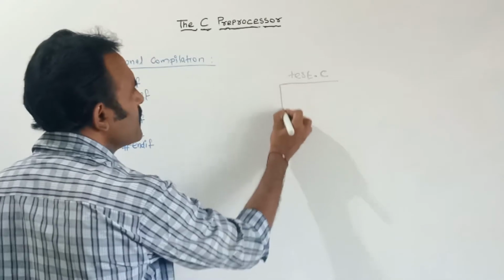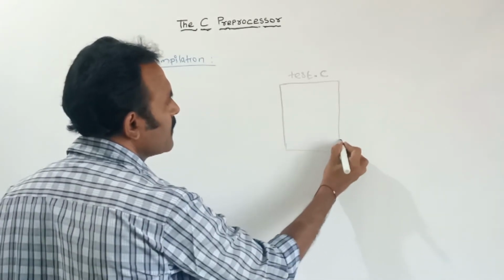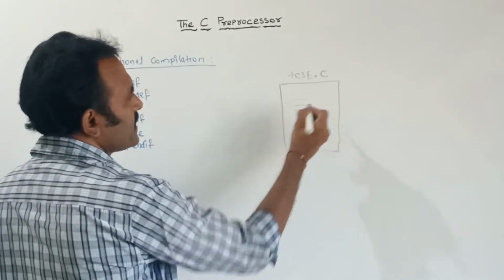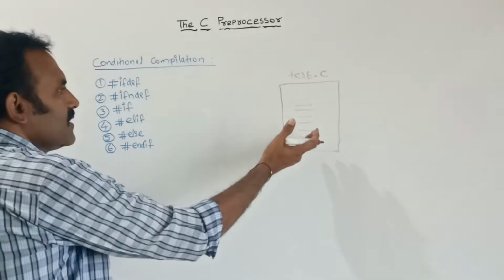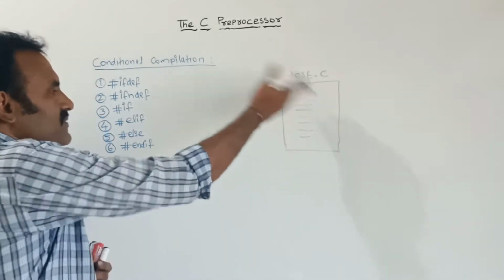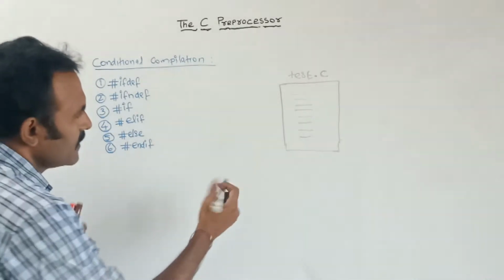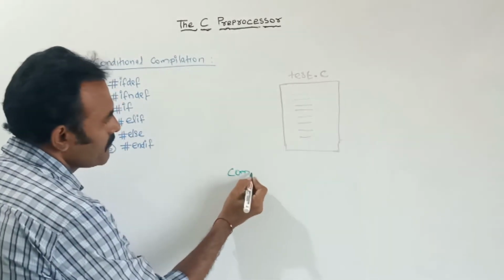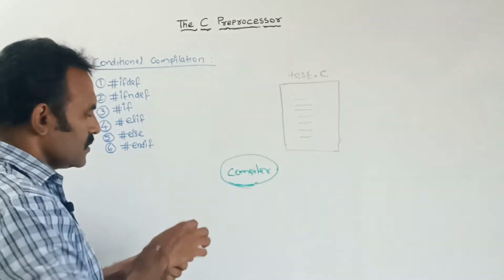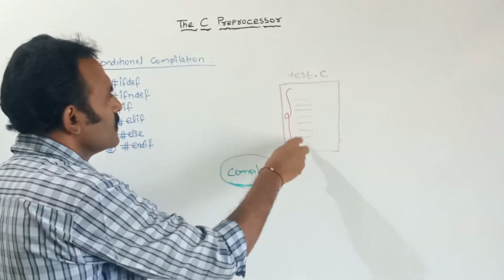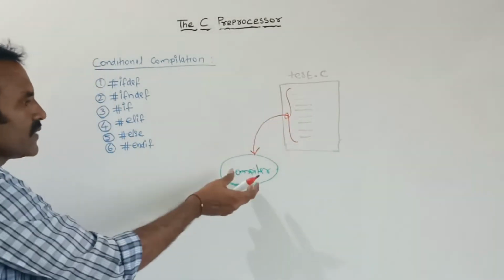Suppose you have some block of statements. After completing the block or group of statements, with the help of the compiler, during the compilation time, the compiler gets our source code as input.